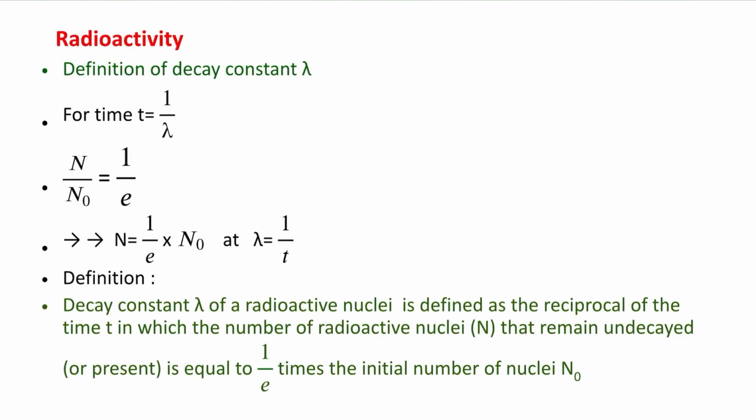Decay constant lambda of a radioactive nuclei is defined as the reciprocal of the time t, after which the total number of radioactive nuclei, that is capital N, that remain undecayed or that remain present is equal to 1 by e times the initial number of nuclei N0.